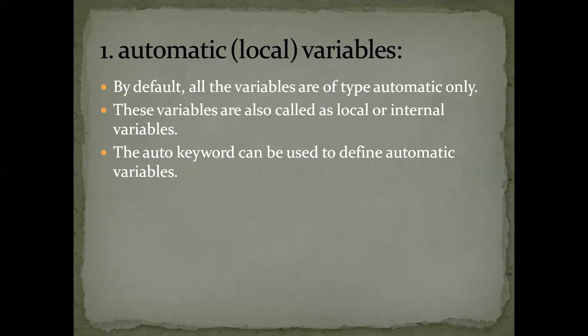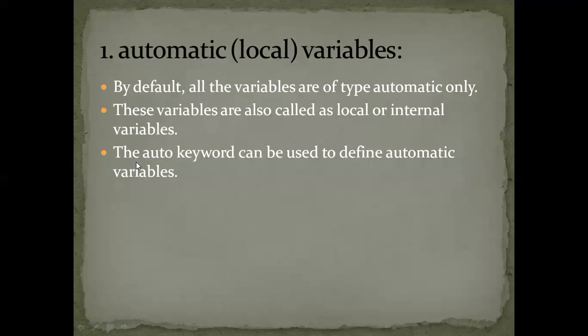So it means that when I have defined this particular automatic variable, the lifetime of that variable will be local to the function. By default all the variables are of type automatic only. These variables are also called local, as I have told you, or internal variables also.